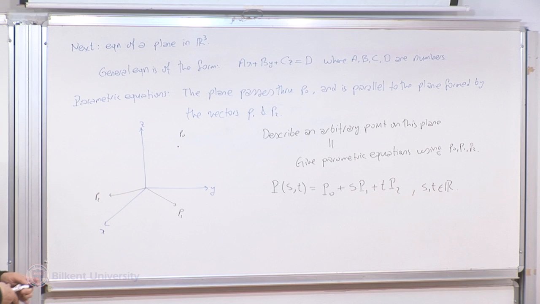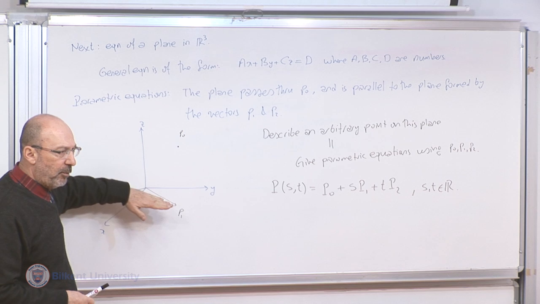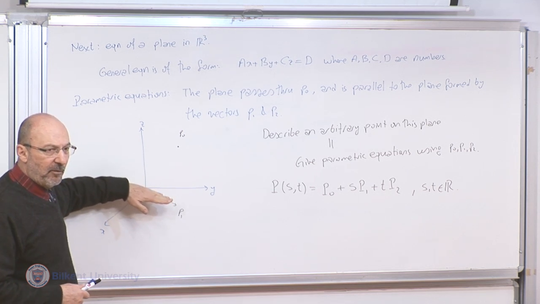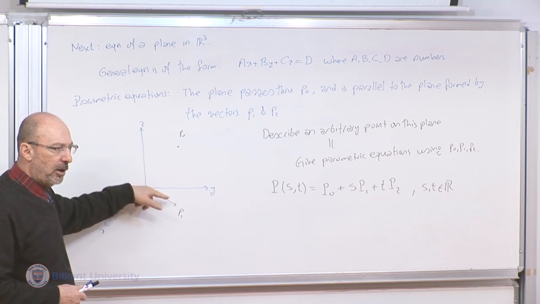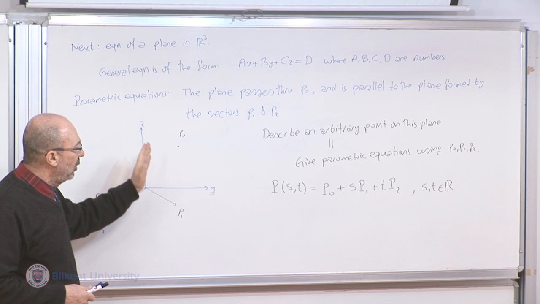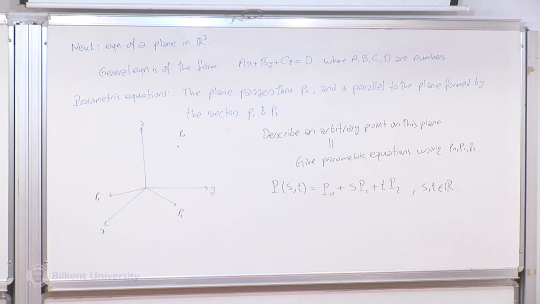And that information is again derived from this. If we have two vectors, they form a plane. This plane can be described by one vector also. If you take the cross product of these vectors, you obtain a vector perpendicular to the plane. So instead of giving the parametric equations, we write an expression for the plane which passes through P0 and is perpendicular to the given vector, P1 cross P2 in our case.